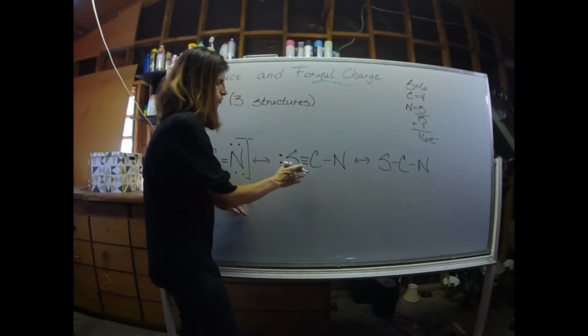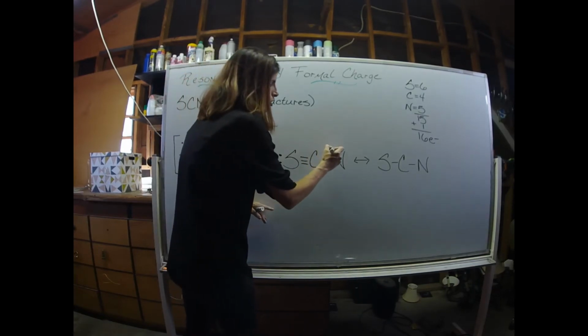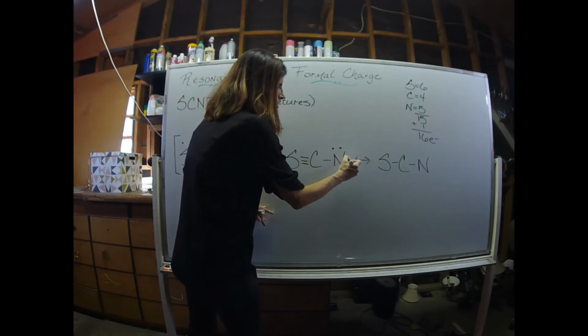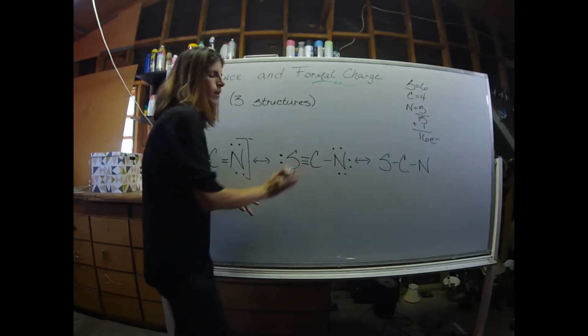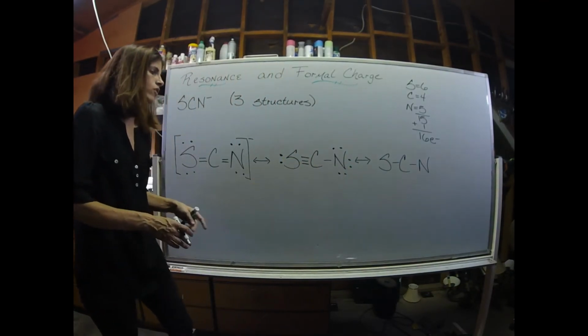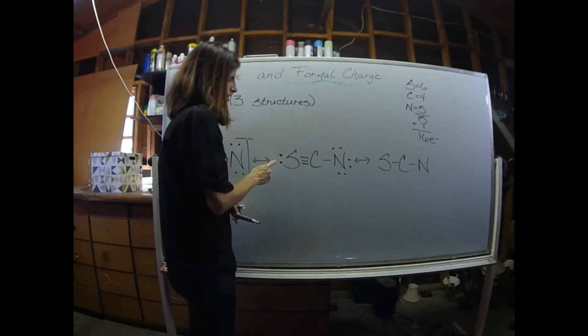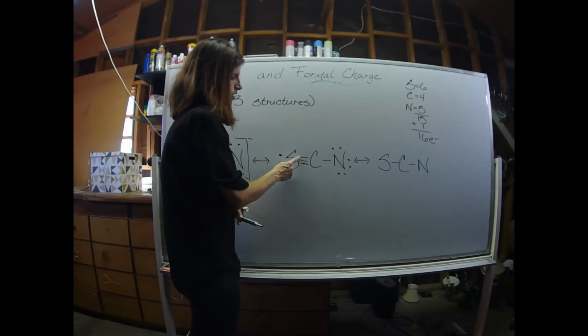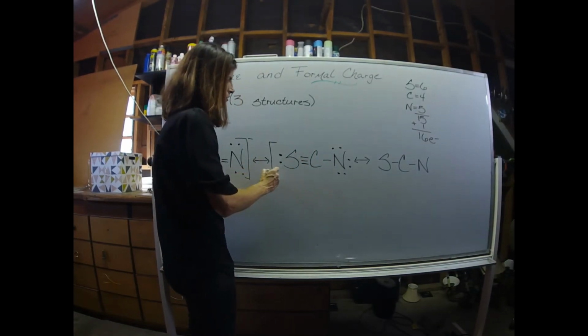So now it's 2, 4, 6, 8. Sulfur's good. 2, 4, 6, 8. Carbon's good. Nitrogen currently has 2 electrons, so I'll put 6 more electrons around the nitrogen so it too has a total of 8 electrons. Now that all the octets are satisfied, I want to check my 16. 2, 4, 6, 8, 10, 12, 14, 16. So that structure also looks good.